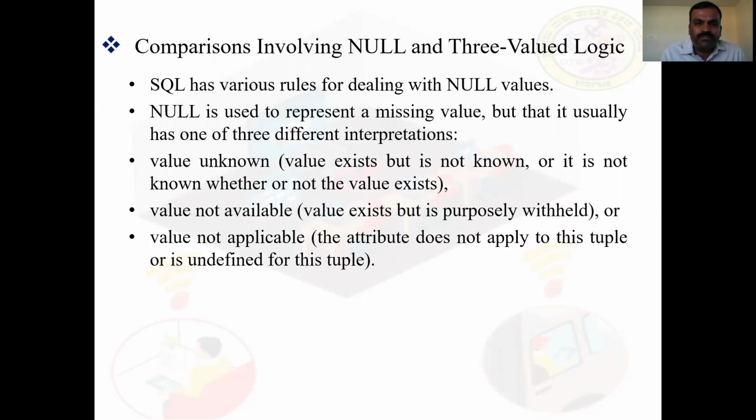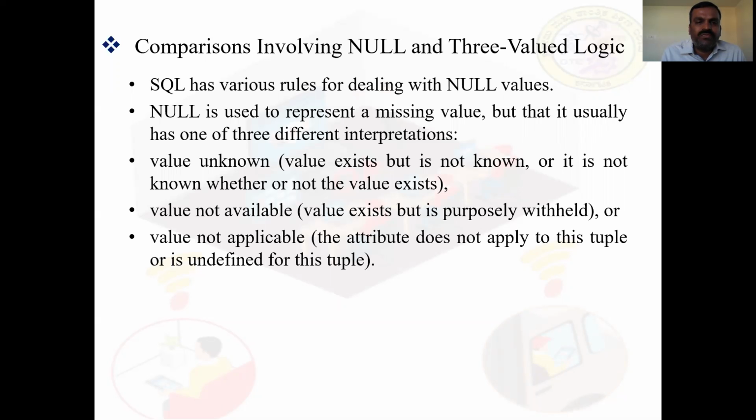Value unknown means the value exists but is not known. Value not available means the value exists but is purposely withheld.